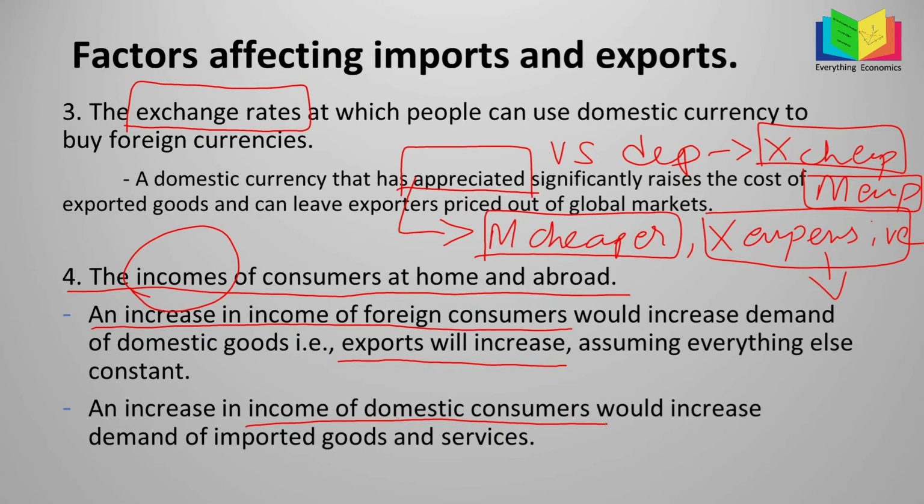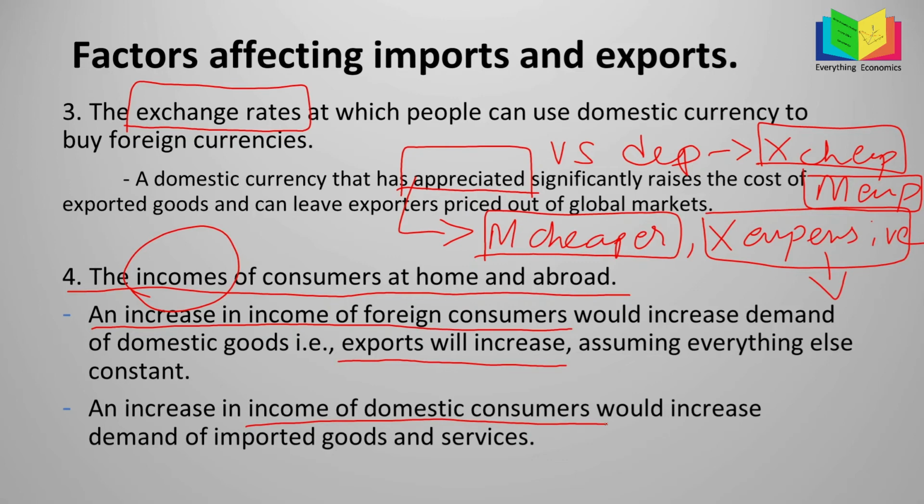So here, it's the same case, but it's been phrased differently. If the income of consumers in United States, if they are considered as domestic consumers, increases, then they will increase the demand for imported goods and services. So they will increase their demand for Chinese goods and services.